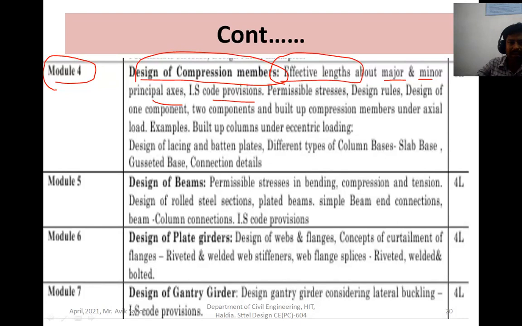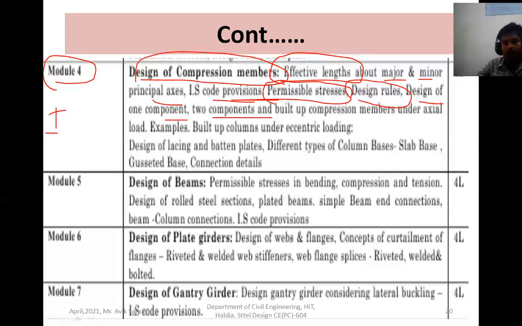Basically, in steel design we are using the IS 800 2007 code. So what the IS code provisions are, what the permissible stresses are for different grades of steel, and the design rules, design of components, two components, built up compression member.